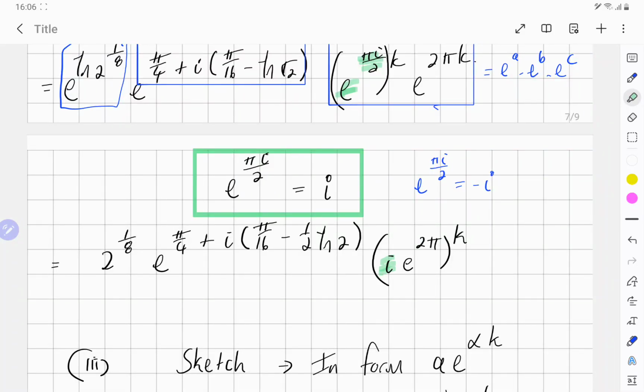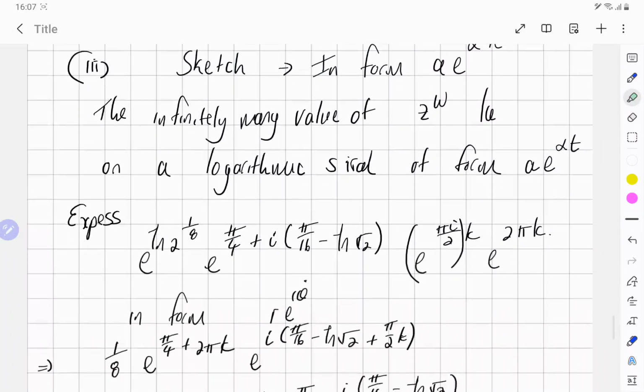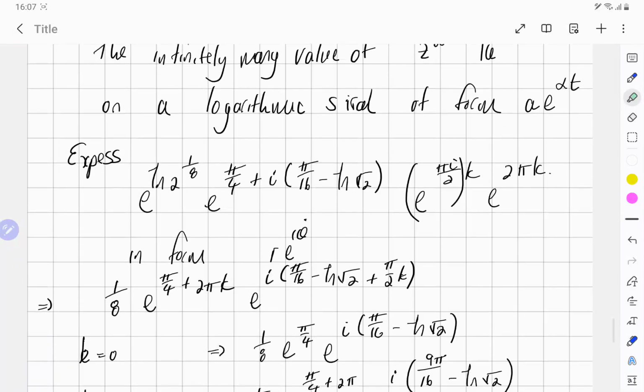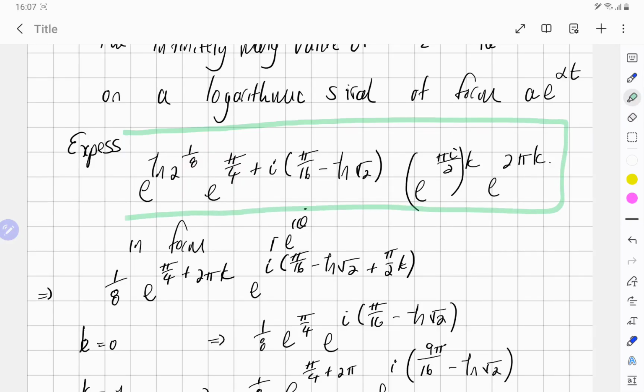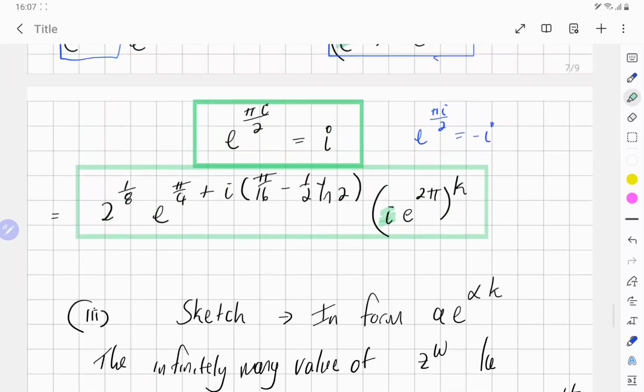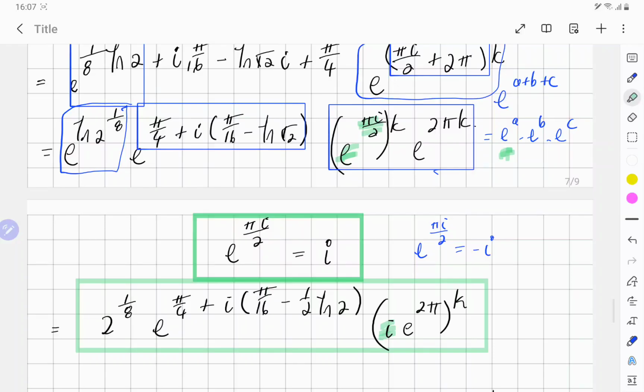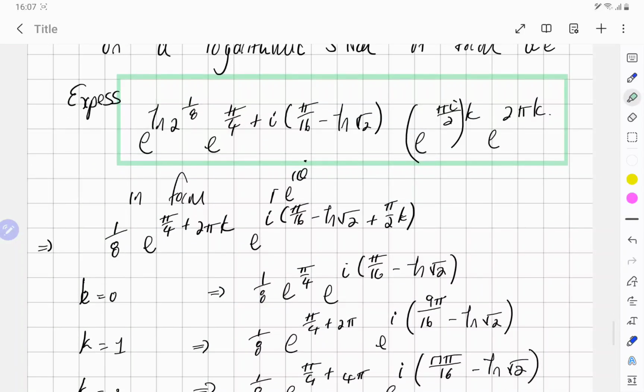So it's debatable where to leave this answer, but you can leave it in this form, but to be able to sketch, it is best to express this part, which is from my second last step, in the form re to the i theta.